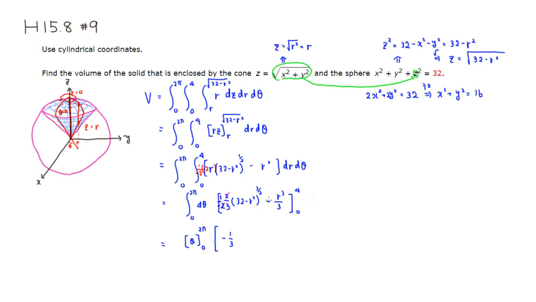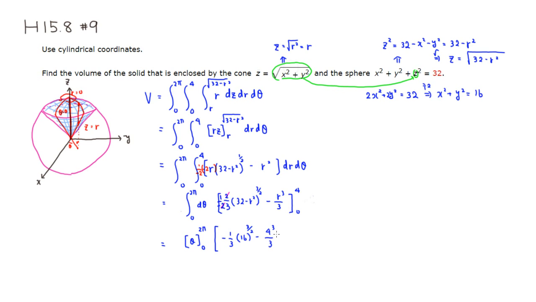If you plug in 4, it's going to be 32 minus 16, so it's going to be 16 raised to the 3/2 power, minus 4 cubed over 3.